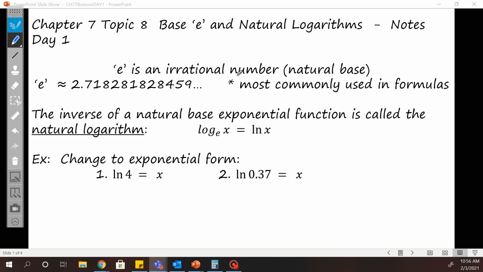It's a very common and important value, and it's used in a lot of logarithm formulas. So we have a special logarithm for it with a base of this number.